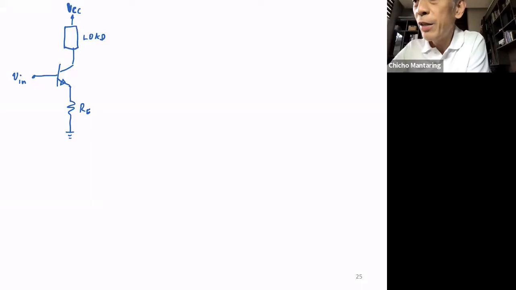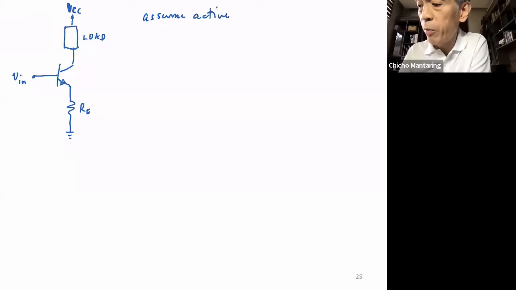So how does this work? No? So again, no, if we assume active operation, assume active mode, what is my equivalent circuit? Your equivalent circuit is I have V in, then I have my diode here, I have my emitter resistor RE, okay.